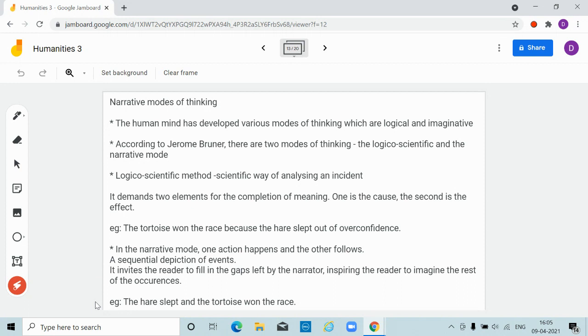So, these are the two modes of human thinking according to Jerome Bruner: the logical scientific method, which looks for the cause and the effect, and the narrative mode of thinking, which focuses on events and leaves gaps for the reader to fill in. And as literature students, we are obviously more interested in the narrative mode of thinking.